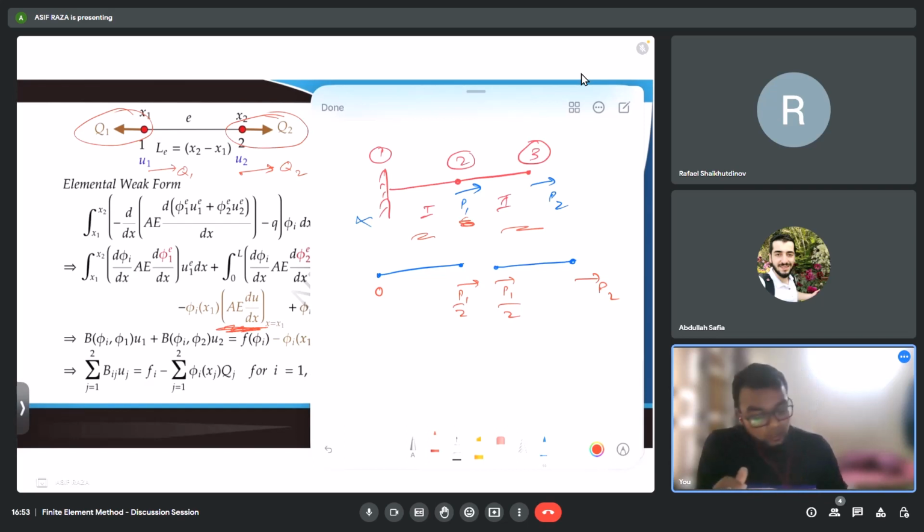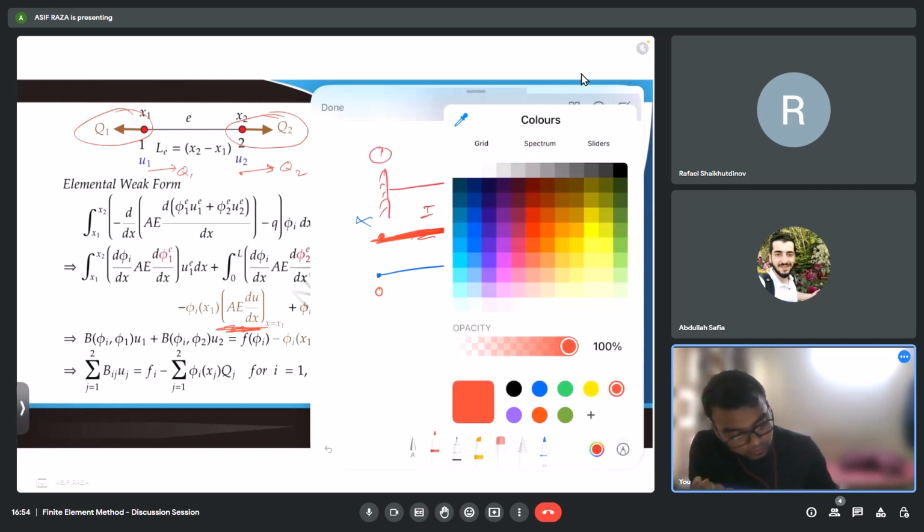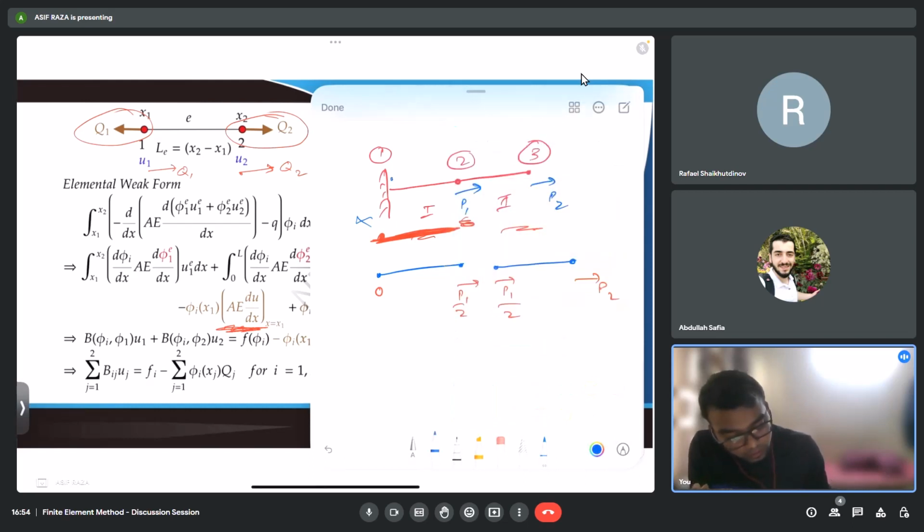Initially, this first element was restricted in the sense that node 1 cannot move, and we have not applied any force there, but forces are applied here. So there is a chance that it should move to the right side.